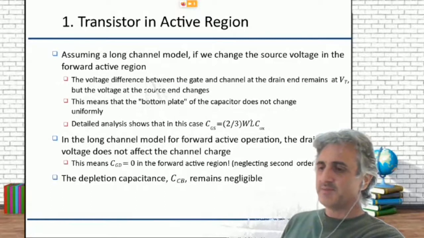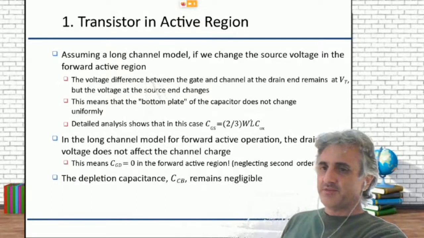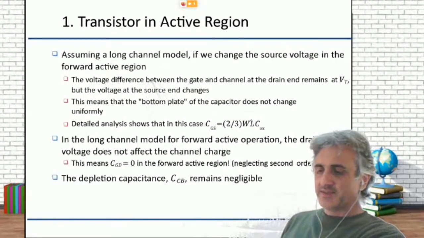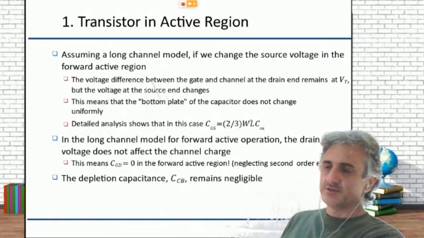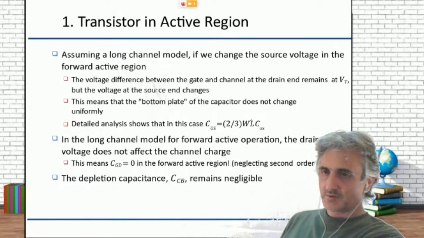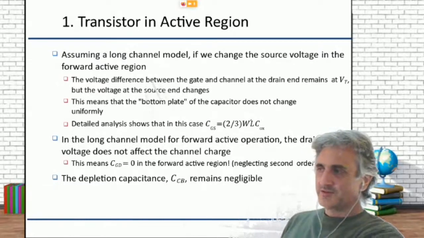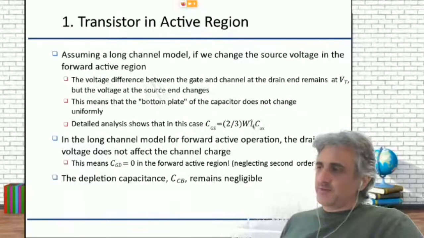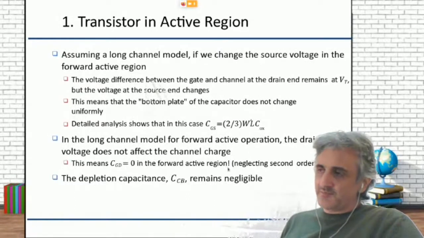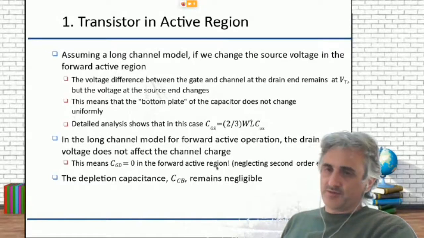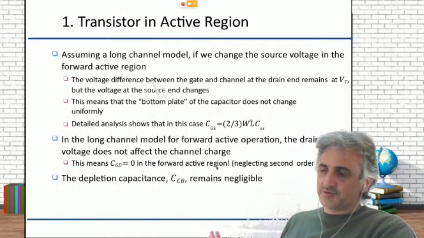That means that the voltage at the drain doesn't affect the charge in the channel. So using that, we know that the capacitance between the gate and the drain has to be zero in the saturation region, neglecting second order effects like the Early effect, or the output resistance.